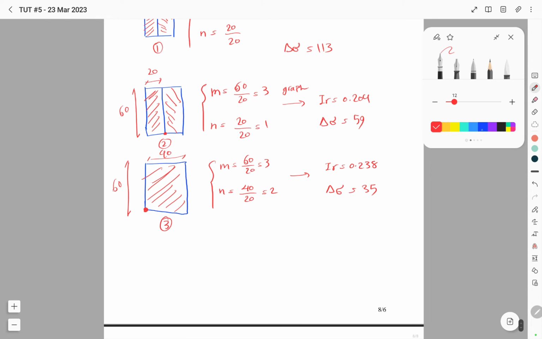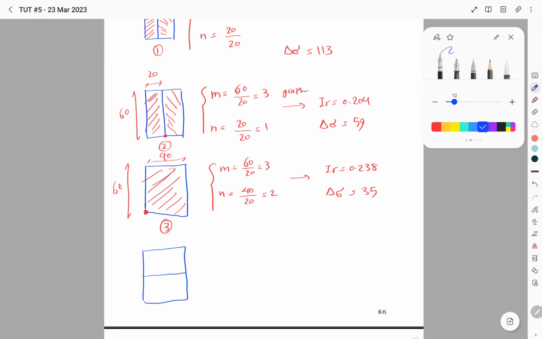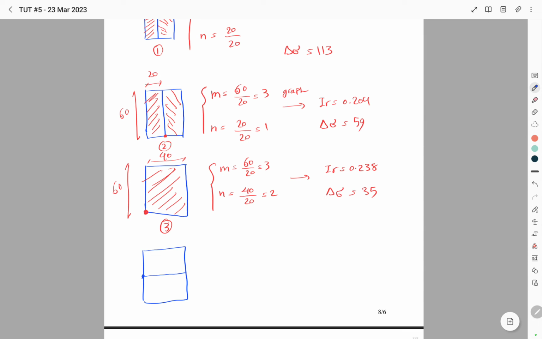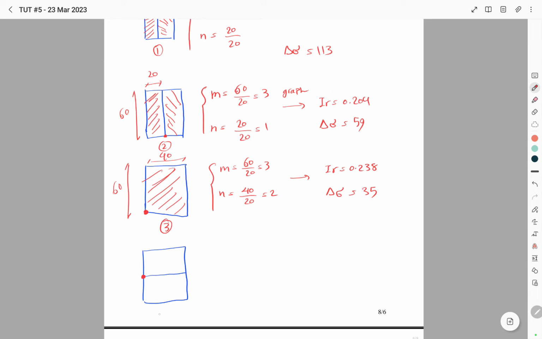And finally, for point 4, this is point 4. We have a rectangle here, and we have this rectangle here. This is 30, and this is 40.